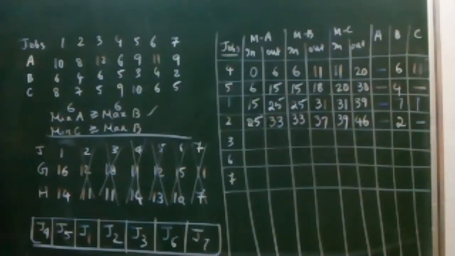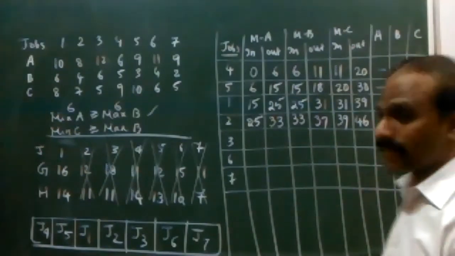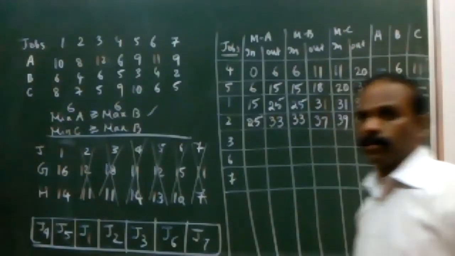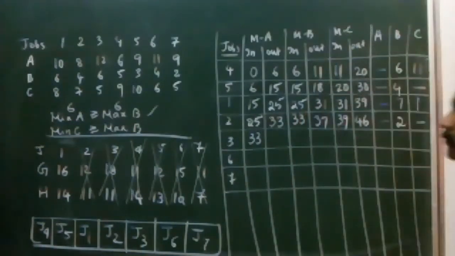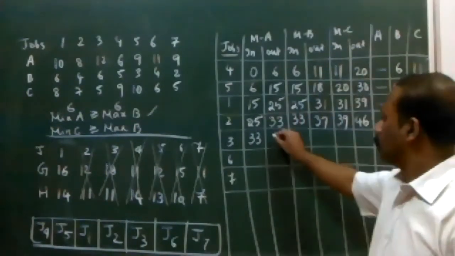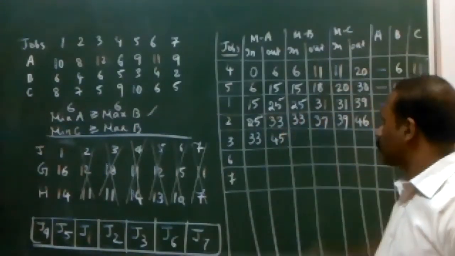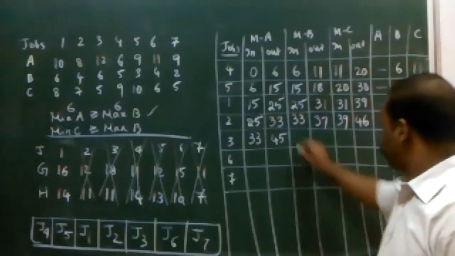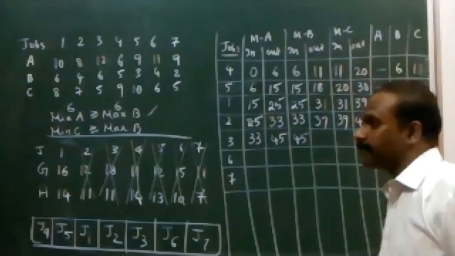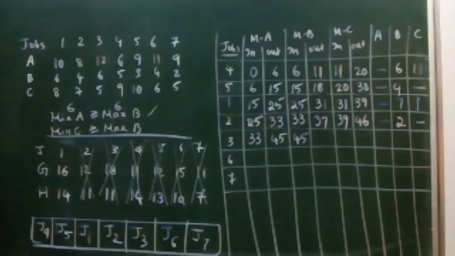Now we'll come back to job number 3. In job number 3, what time does it start? 33. Very good. What time does it complete? 45. Here what time does it start? 45. And what time does it complete? 51.